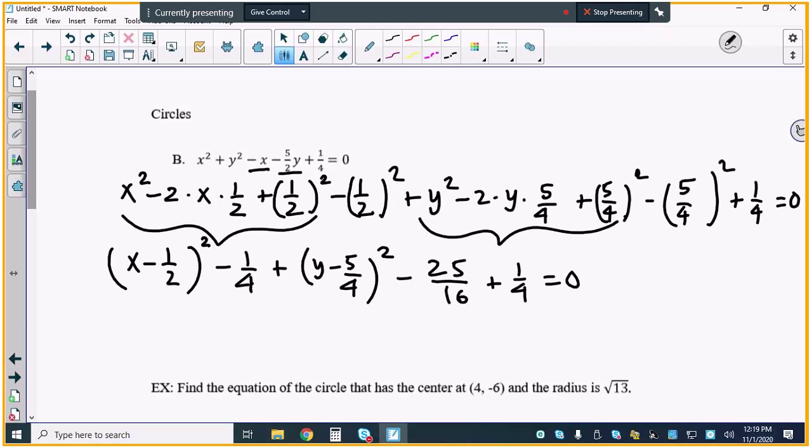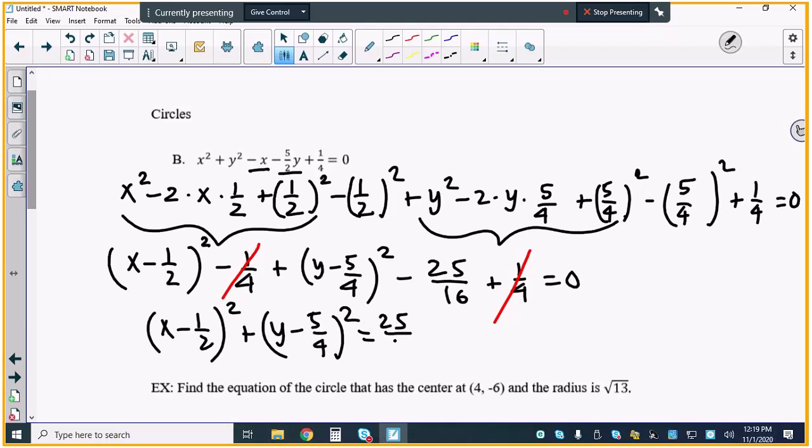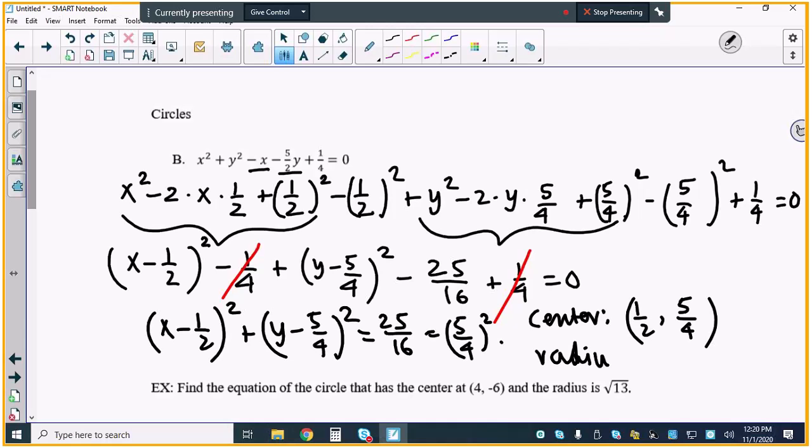So clearly this +1/4 and −1/4 will cancel each other, and I will get (x − 1/2)² + (y − 5/4)² = 25/16. Write it as (5/4)². And that tells me the center for this circle is now clear. It's (1/2, 5/4). The radius of this circle is 5/4 as well.